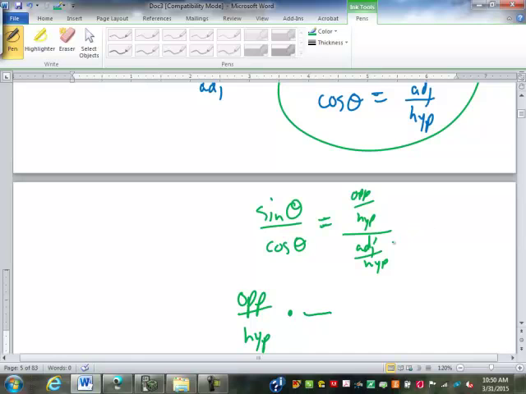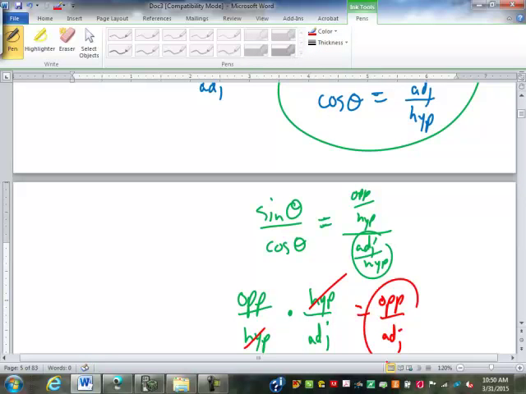I know it's been a couple months, but when you're dividing fractions, you multiply by the reciprocal. So instead of opposite over hypotenuse dividing by adjacent over hypotenuse, we're going to multiply by hypotenuse over adjacent. Well, what's going to happen in this multiplication here? Hypotenuse is going to cross cancel out. What's left? It's going to be opposite over adjacent.